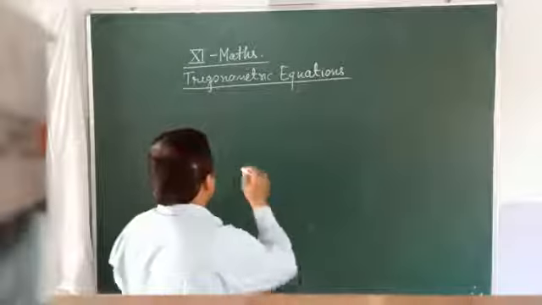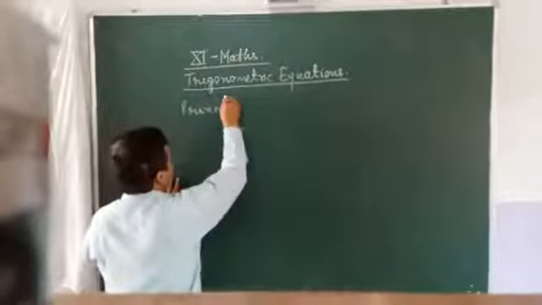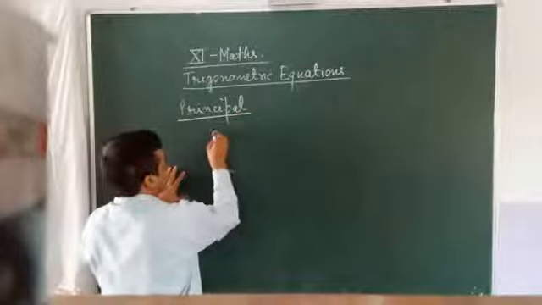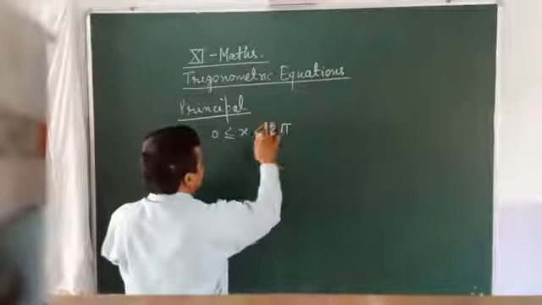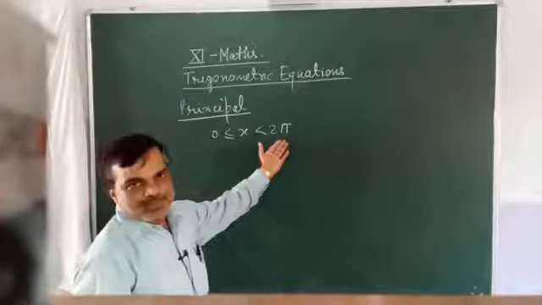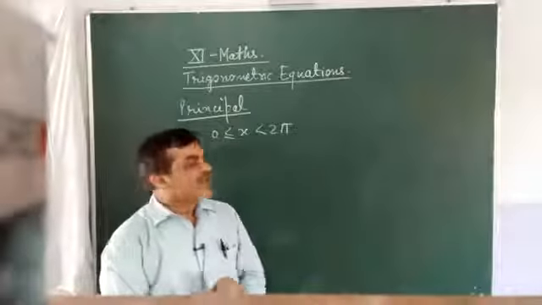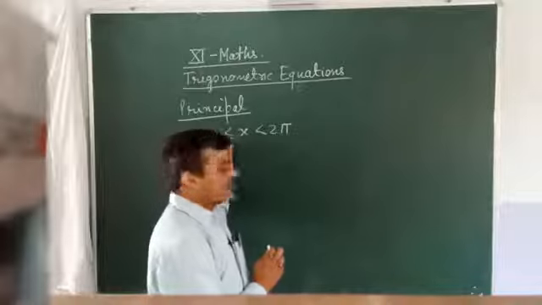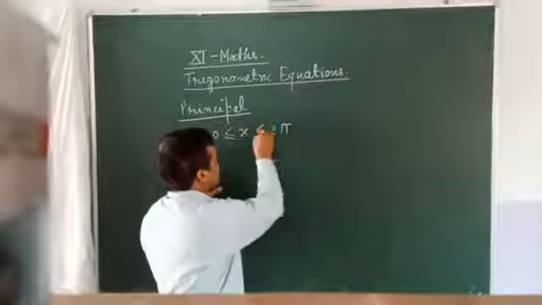Its interval is 0 is less than or equal to x is less than 2 pi. From 0 to 2 pi we solve the principal solution, including 0 degree and less than 2 pi.